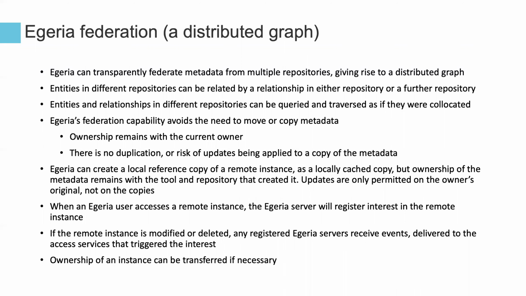These are distributed across networks. And Egeria is able to create relationships between entities that are in different repositories. Two entities that are related don't have to be in the same repository. They can be distributed, and the relationship can be in either of those repositories or indeed in a third repository. We'll go through some pictures of that in just a moment.